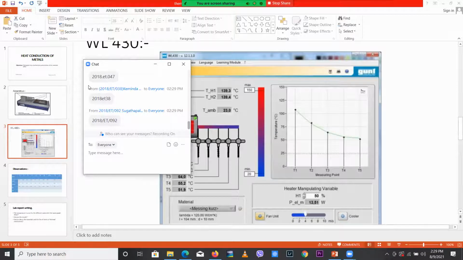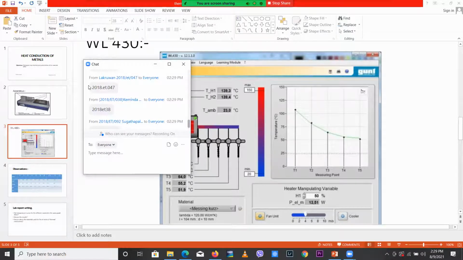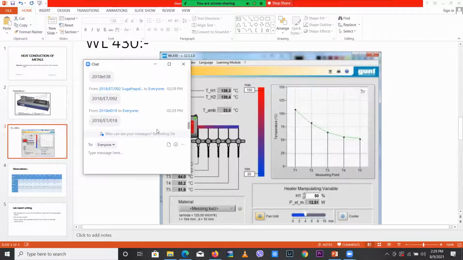The measuring point is on the x-axis, that axis will be the distance, right? The measured temperature is on the y-axis. So that measuring point, 5 different points, that's the temperature curve, right? Yes. Okay.